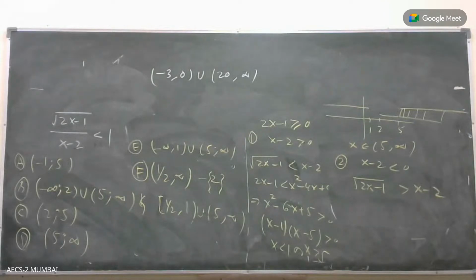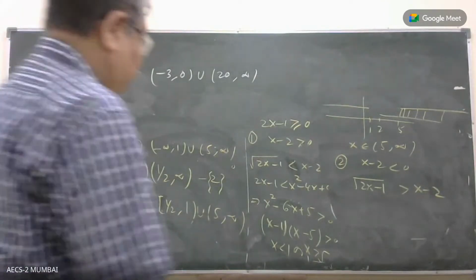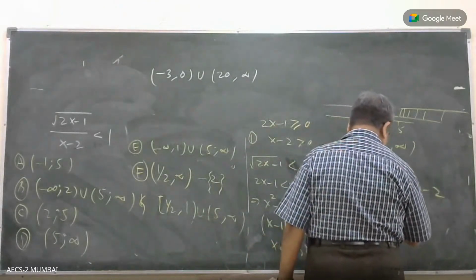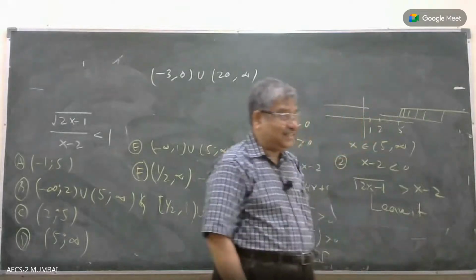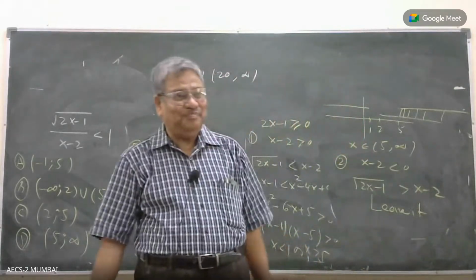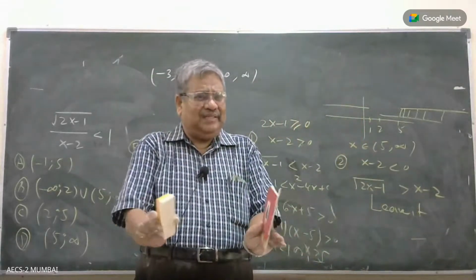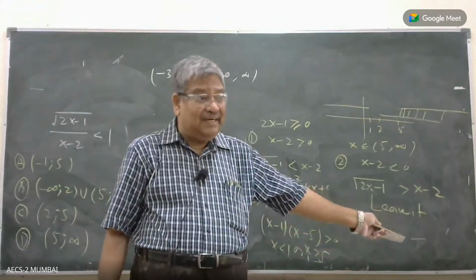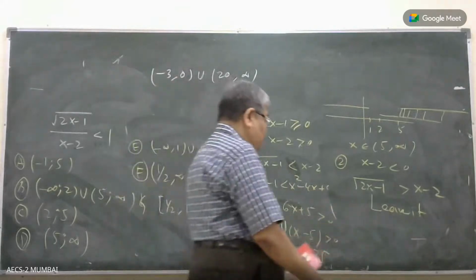No. X minus 2 is negative, we have written it. Leave it. And before leaving, just check that it is true or false. Leave it means you cannot do anything. It is true, na? Positive number is greater than negative number. It is true.